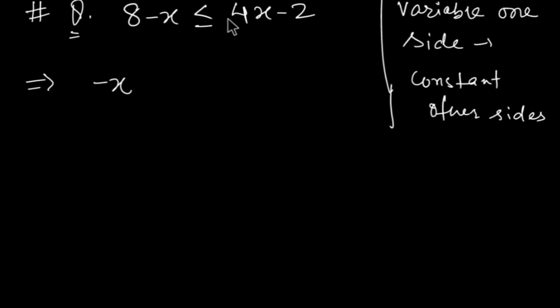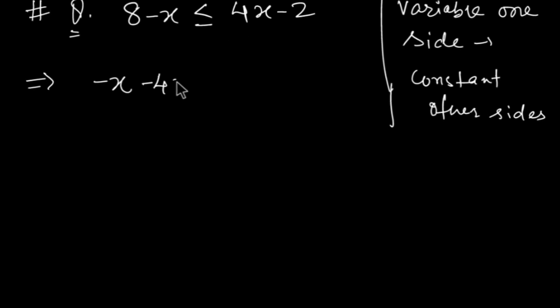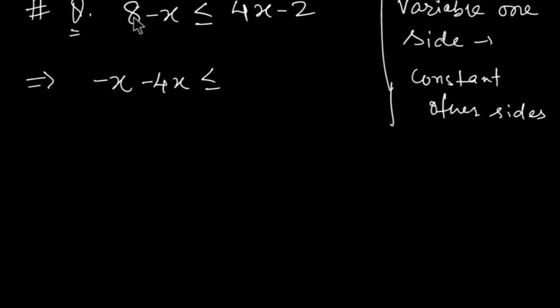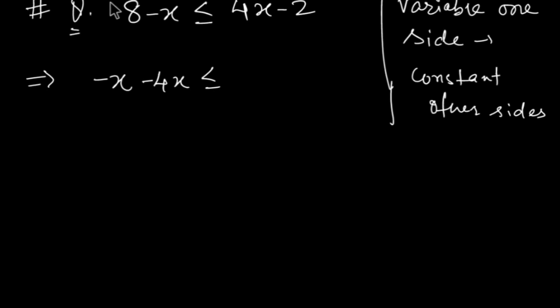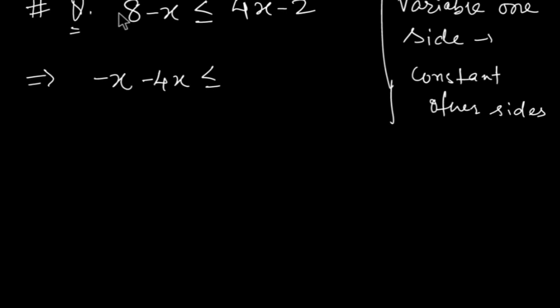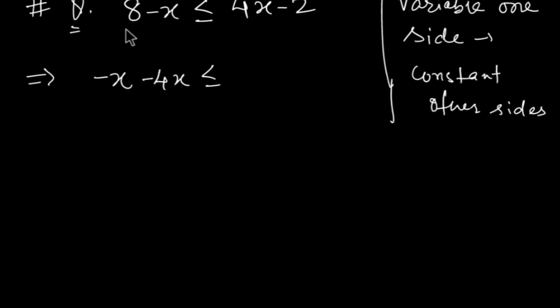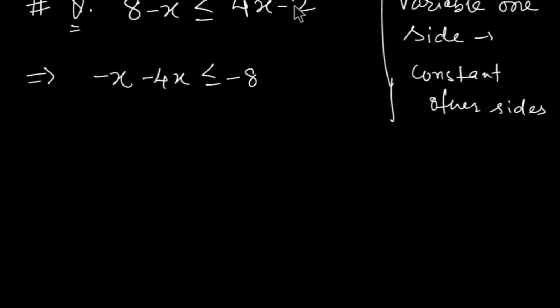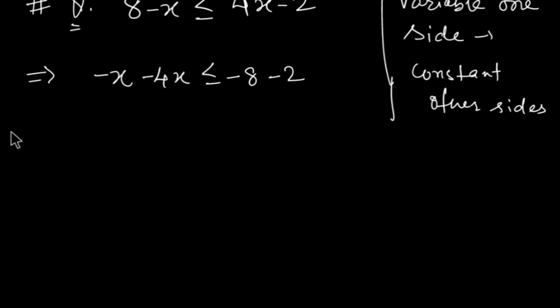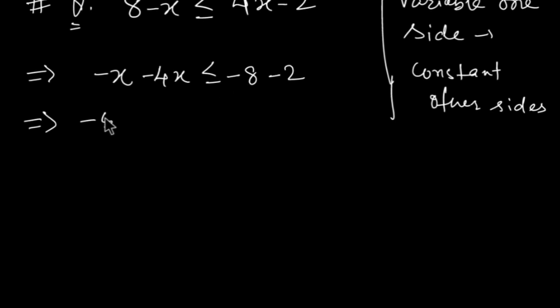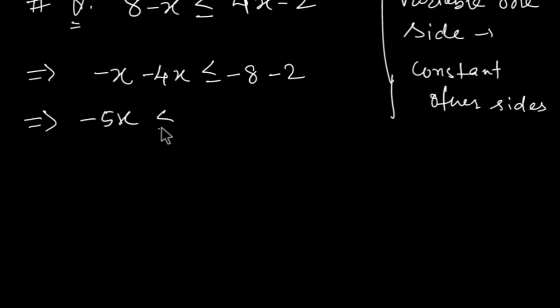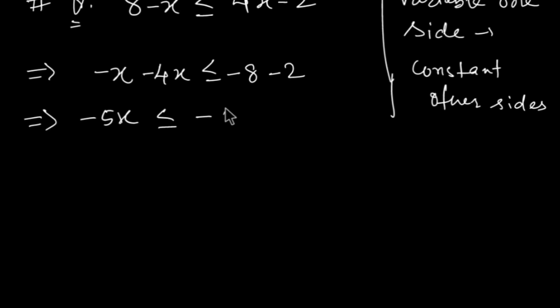This plus 4 will come this side, minus 4x less than or equal to, and this 8 is here. If no sign is written here, just consider it positive. So plus 8 will go that side and become minus 8, and this is minus 2. So this is minus 5x less than or equal to minus 10.